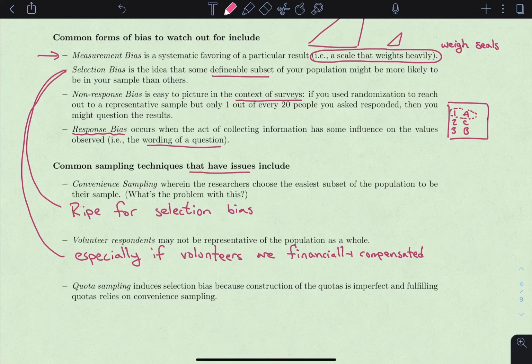And then finally, there's a concept called quota sampling, wherein you set quotas on how many of different groups on a certain demographic you would like. This seems good because you are trying to make a representative sample.